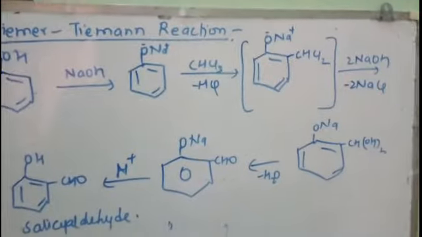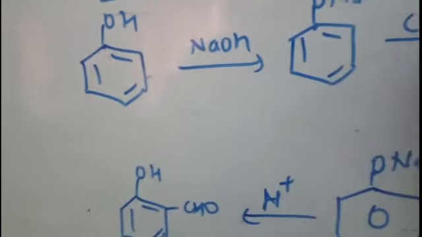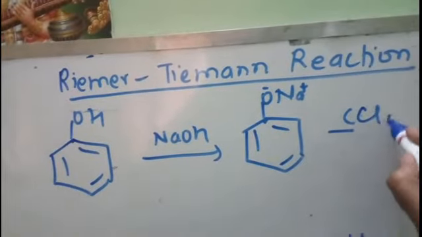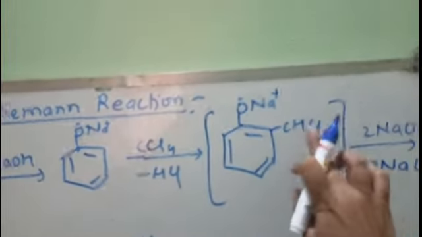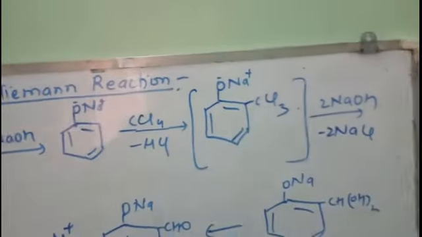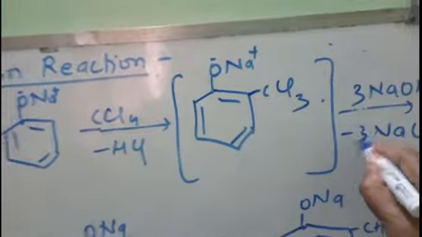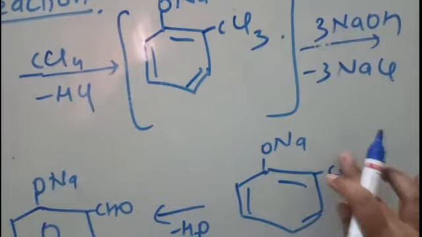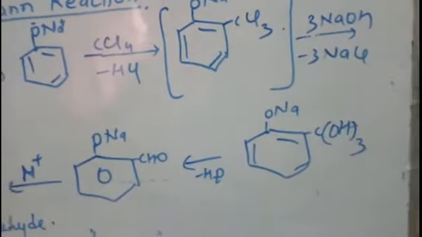Understood? Now if the same reaction is carried out with carbon tetrachloride, instead of chloroform, then again HCl will be removed, and instead of CHCl2, CCl3 will come here. Then we take 3 moles of NaOH, and 3 NaCl will be removed, and here it will come C(OH) whole thrice, instead of CH(OH) whole twice.